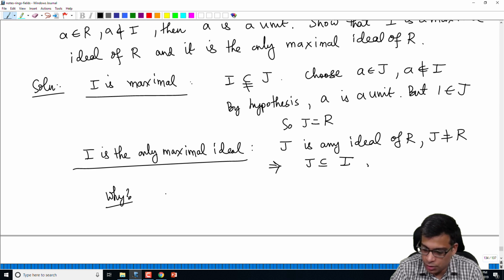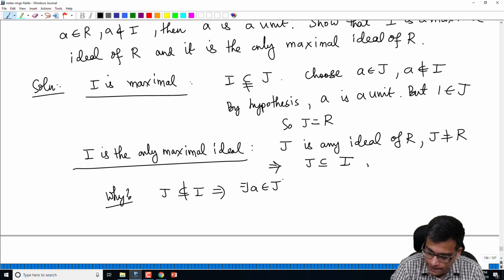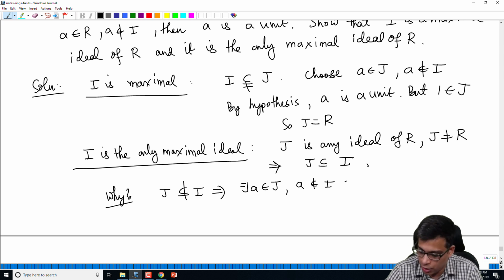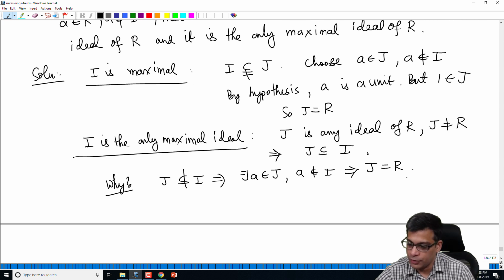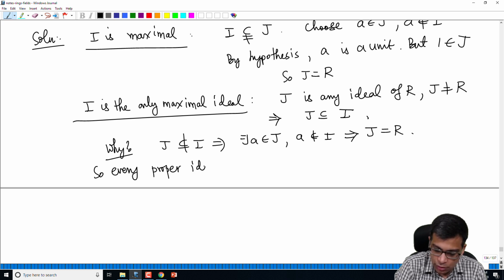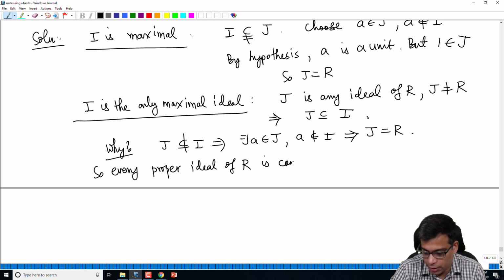Suppose J is not contained in I, that means there exists A in J, A not in I. By definition, if J is not a subset of I, it must contain something that's not in I. By the above argument, that means J is R. But we are assuming J is not R. So every proper ideal of R is contained in I.